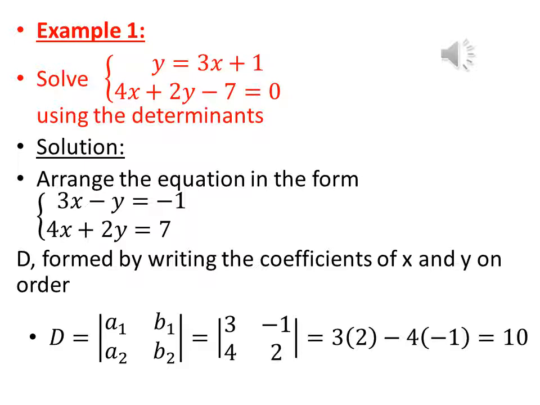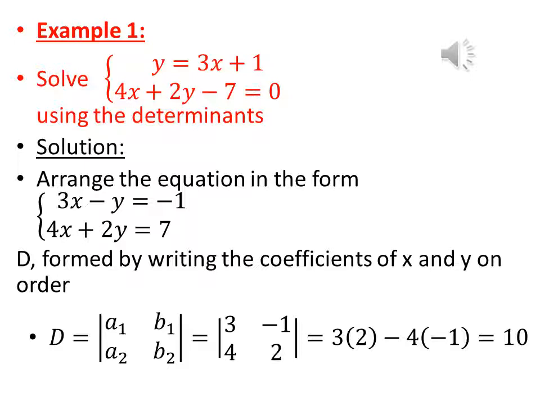Second row, the coefficient of x is 4, the coefficient of y is 2. The value of the determinant: 3 times 2 is 6, minus -1 times 4, which is plus 4. So the value of D is 10.